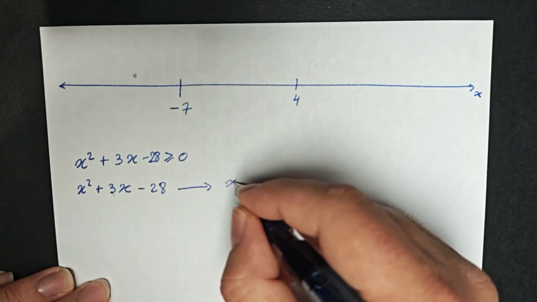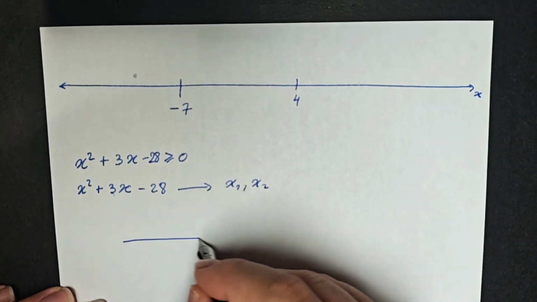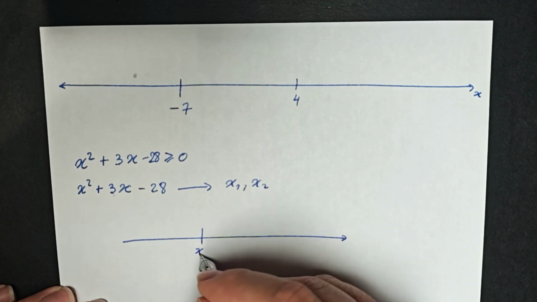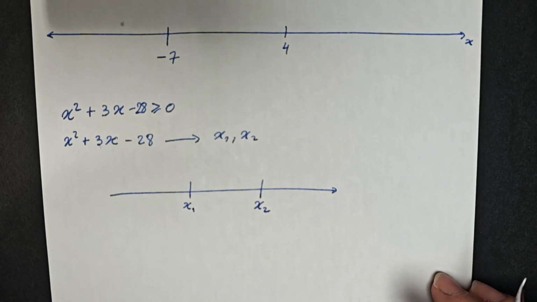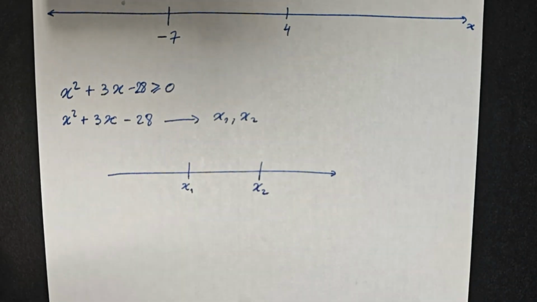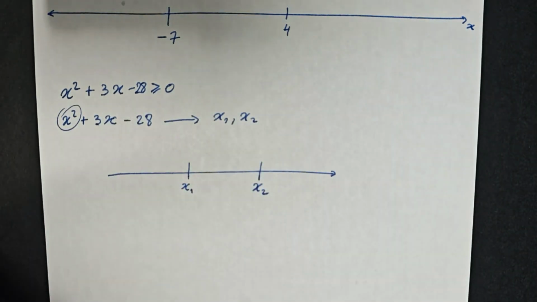Those zeros are x1 and x2. On the line of real numbers, they look like this: x1 at this position and x2 at this other position here.